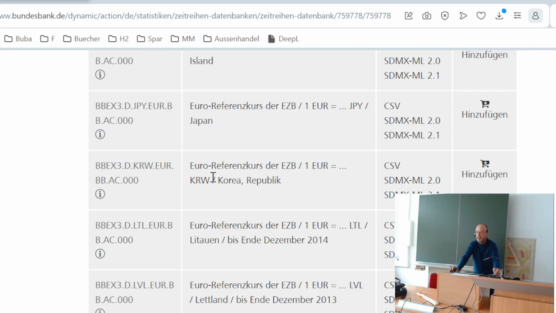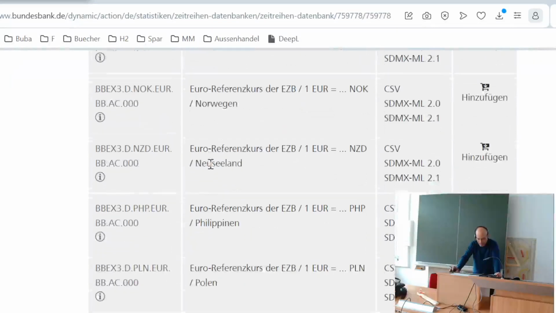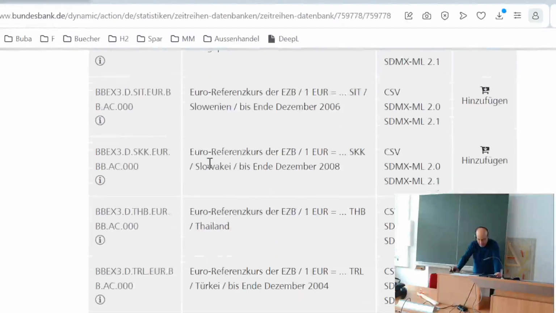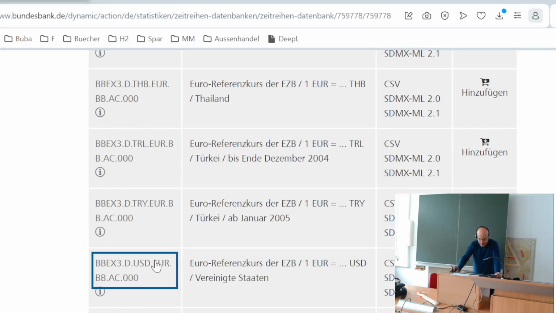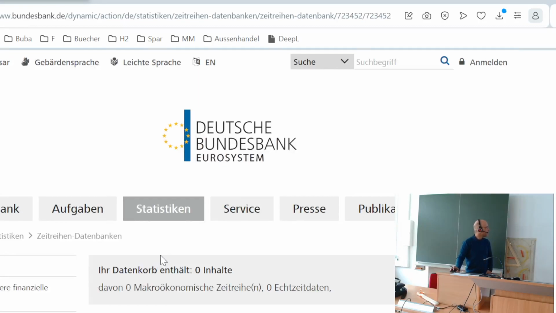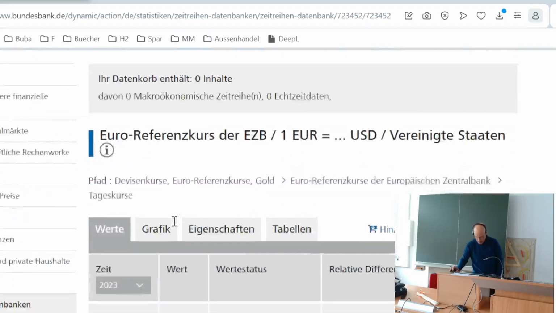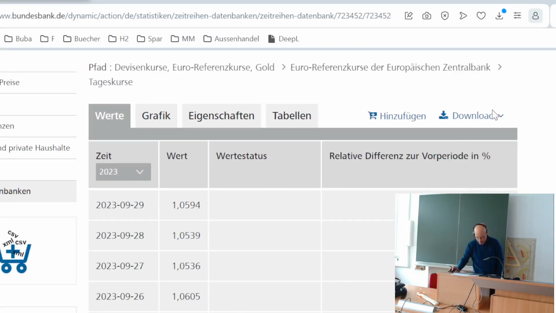But then, of course, you can also have a look if there is one main trade partner which is not the United States. Then it would also be interesting to look at the single exchange rate between the main trade partner and your country. But here I will just take the US dollar and let's download.